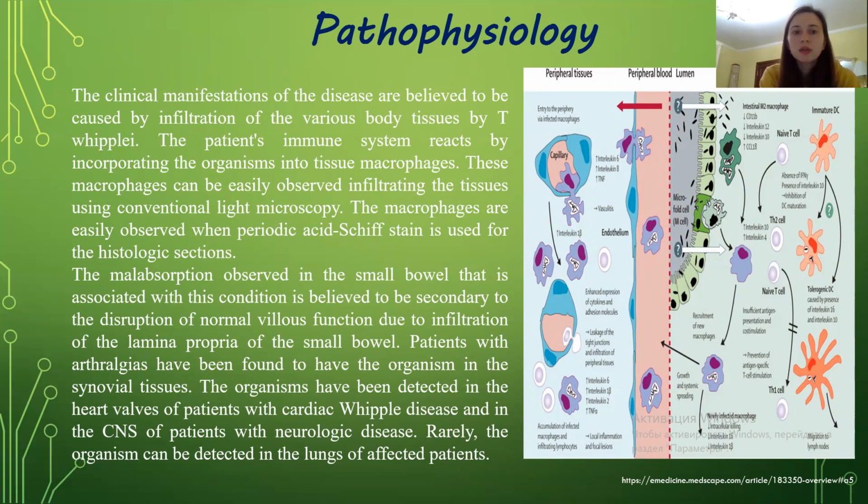Patients with arthralgia have been found to have the organism in the synovial tissues. The organisms have been detected in the heart valves of patients with cardiac Whipple disease and in the central nervous system of patients with neurological disease. Rarely, the organism can be detected in the lung of affected patients.